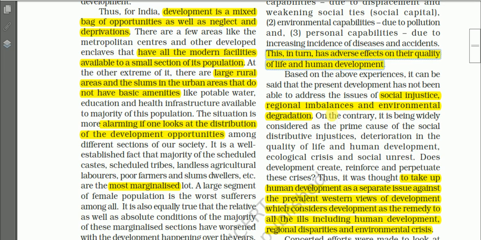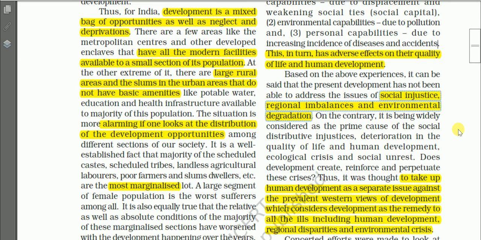So based on the above experience, it can be said that present development has not been able to address the issues of social injustice, regional imbalance, and environmental degradation.